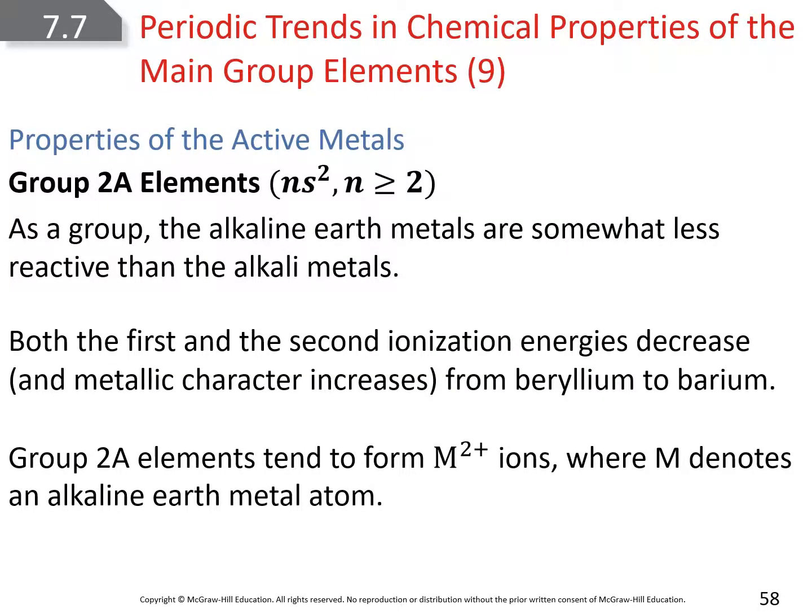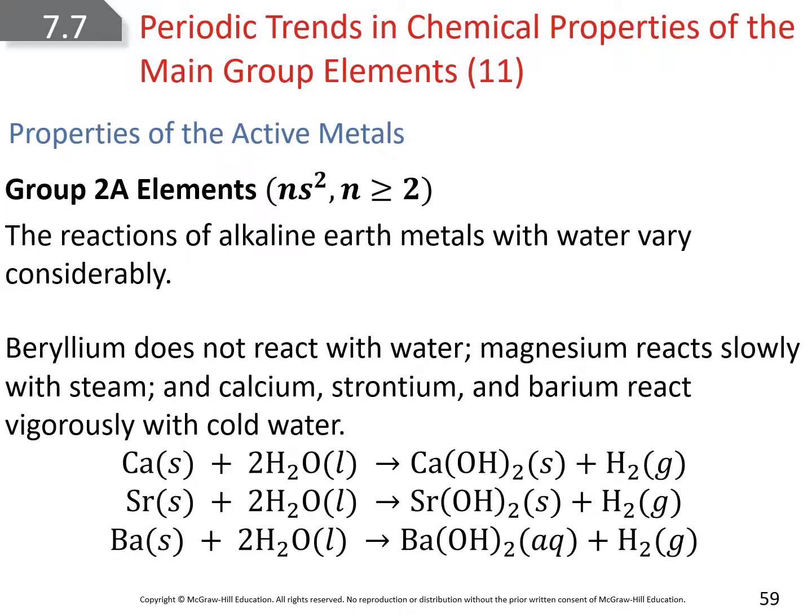Group 2 elements always form the +2 ions when they lose electrons. And in water, they form metal hydroxides. When group 2 metals are put in the presence of water, they form metal hydroxides.